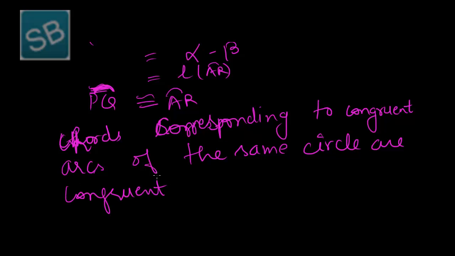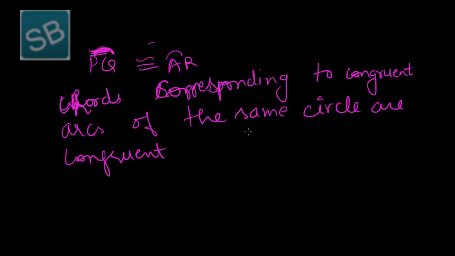That is, if two arcs are congruent, then the chords made by these points, that is chord PQ and chord AR, will also be equal. That is congruent, which means they are equal. Therefore, PQ length is equal to AR.